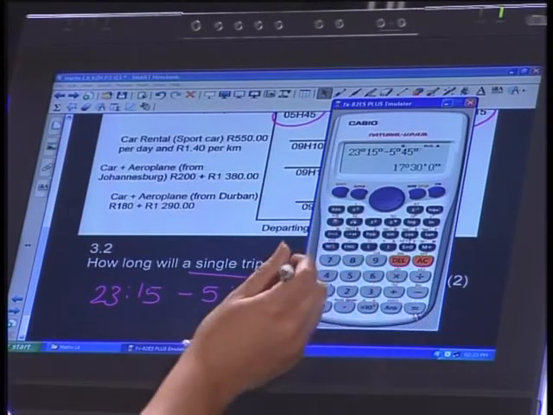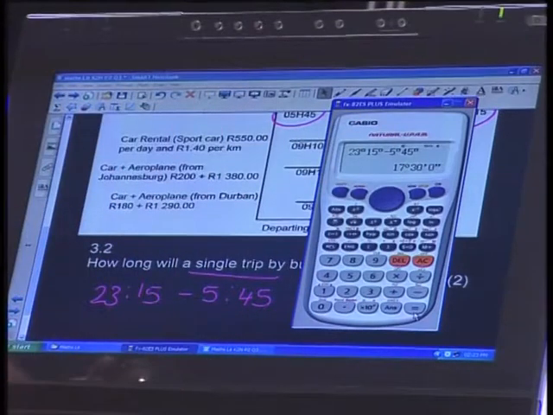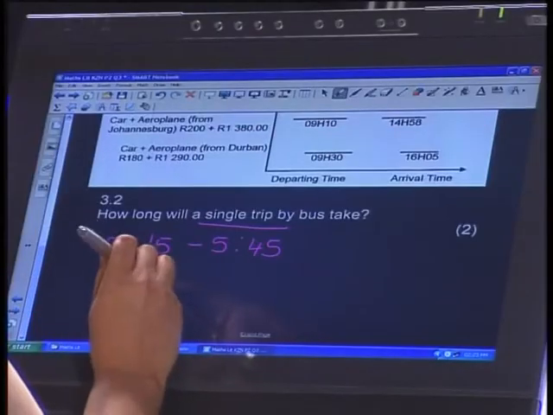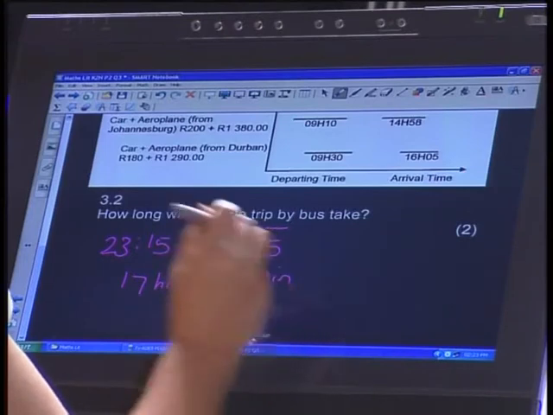And I'm going to get an answer of 17 hours and 30 minutes. That is how long they actually traveled for that day. So we can write that in here. Their trip was 17 hours and 30 minutes.